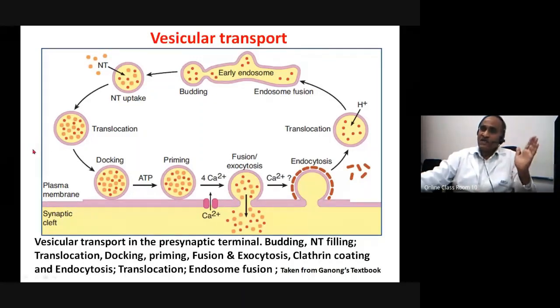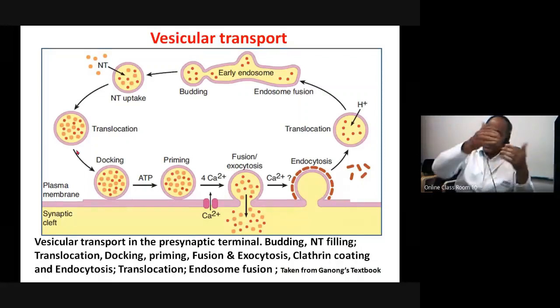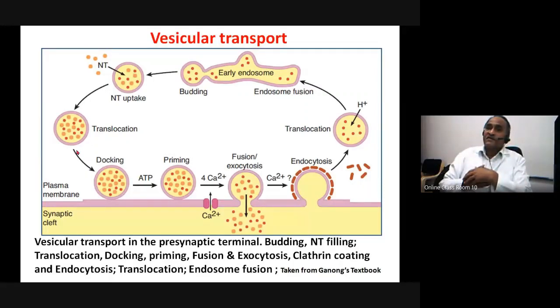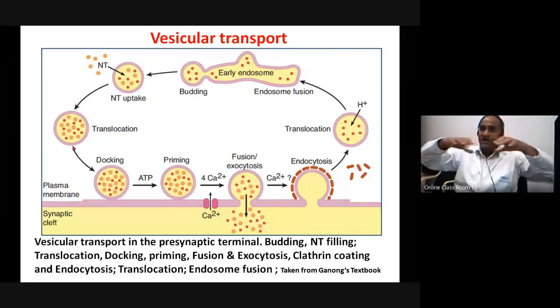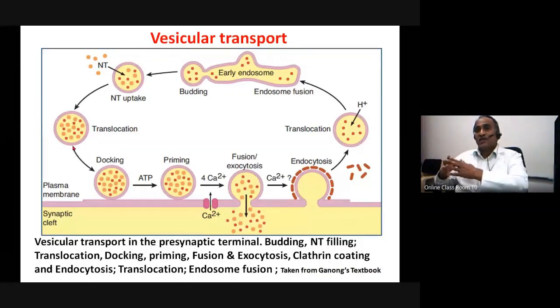I will come back in the entire cycle. The arrival of the impulse opens up the calcium channel, and that calcium triggers the membrane proteins here, and these membrane proteins try to attract each other and put the vesicles on the tracts. These tracts are the cytoskeletal structures on which the vesicles are placed, just like the containers of a ship are stored on a rail.